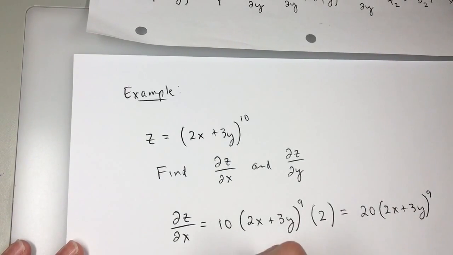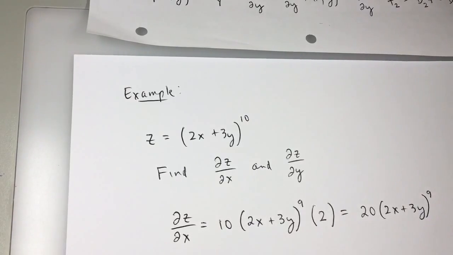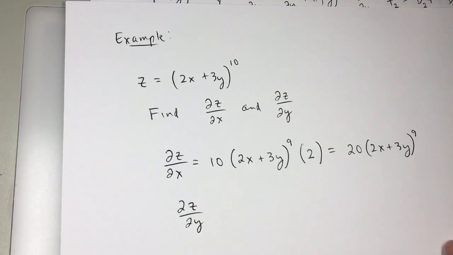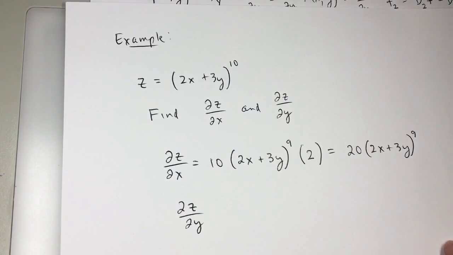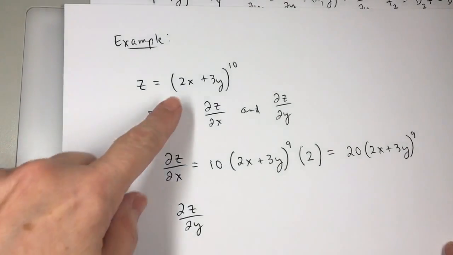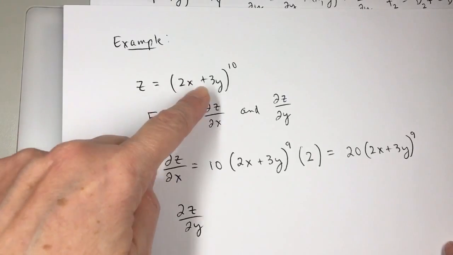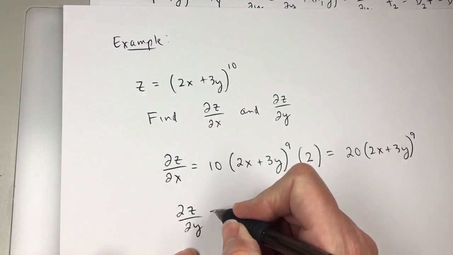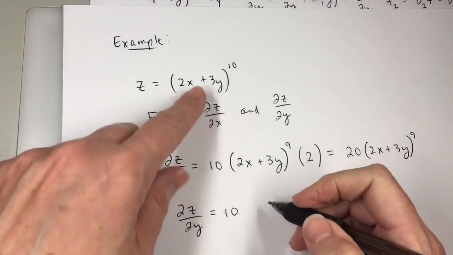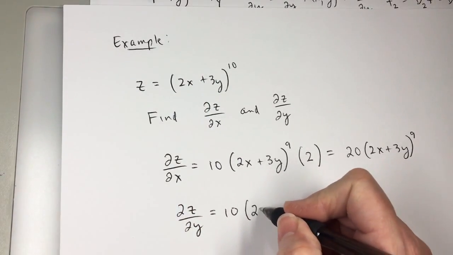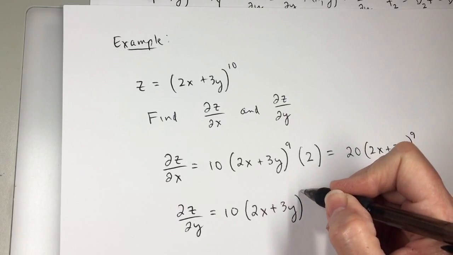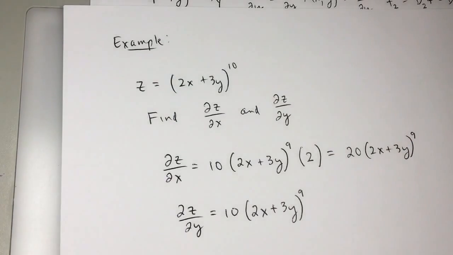Then the partial of z with respect to y, this time x is a constant and y is the variable, but same routine. I'm going to have to use the power rule. 10 comes to the front, and I'll have 10 times 2x plus 3y raised to the 9th power again.